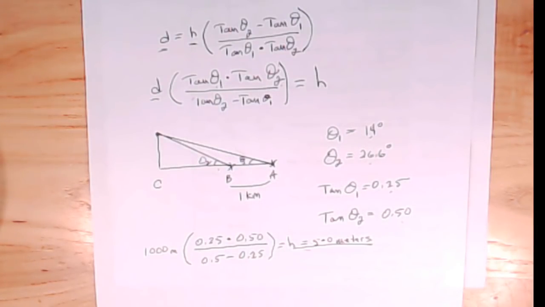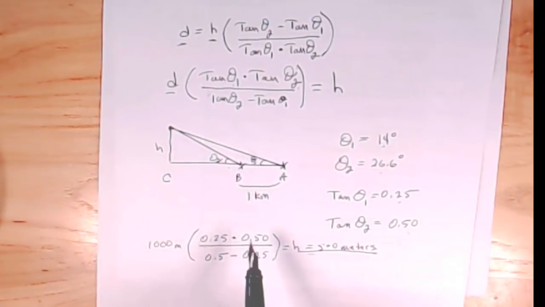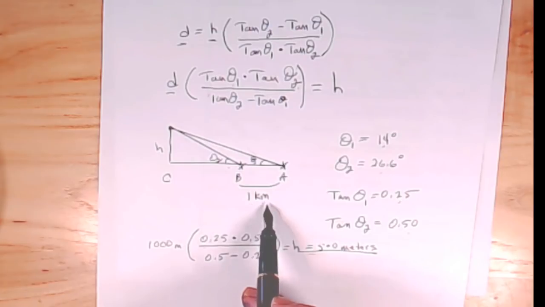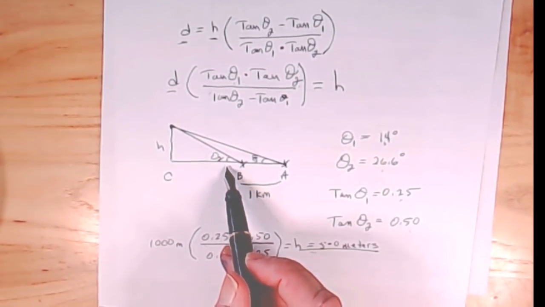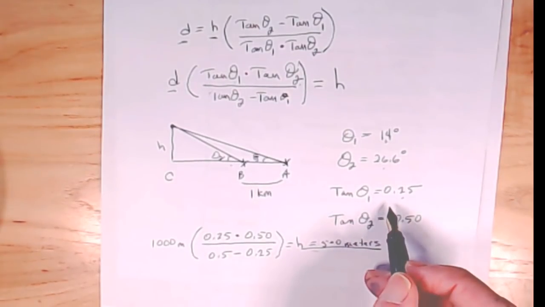Okay, so let's take a practical example. Say we have a mountain of unknown height, and we have 2 points on a line to that mountain that are 1 kilometer or 1,000 meters apart. Angle 1 is 14 degrees, and angle 2 is 26.6 degrees.